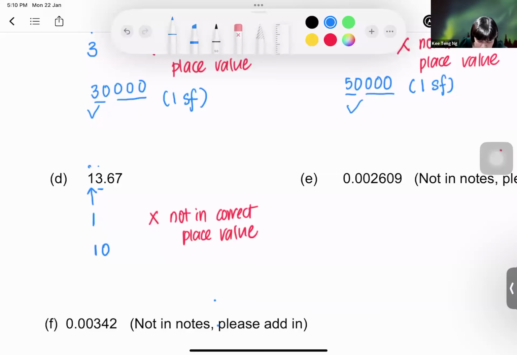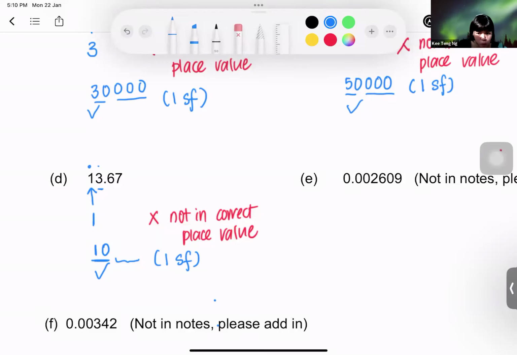Now, I already have this number in one significant figure, as accurate as what they requested, 1 sig fig. Do I need any more decimal places at the back to give me additional accuracy? No need. So in this case, I do not need to write 0.00. So I just write this answer: 10 will be the answer, 1 sig fig. Have you gotten the concept?